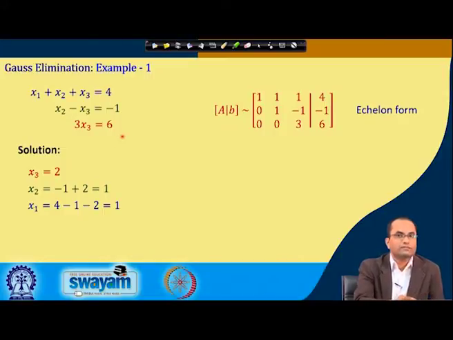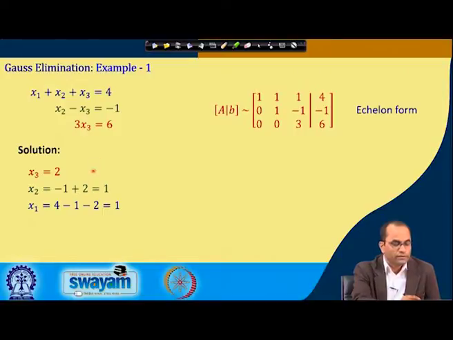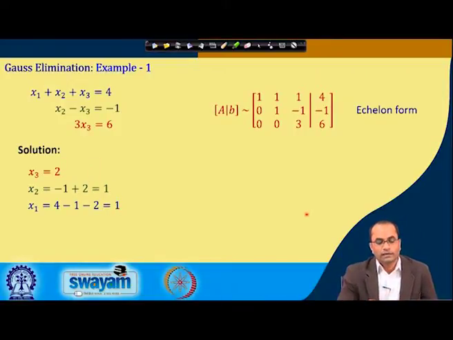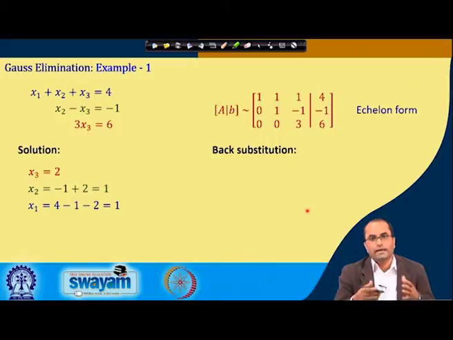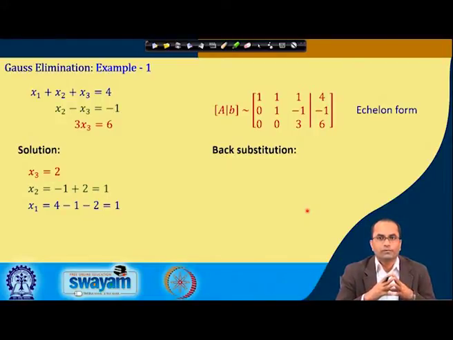Once we have this form, we have to do only little manipulation to get the solution: x 3 is 2, x 2 is 1 and x 1 is 1. What we call in terms of the Gauss elimination, we call this back substitution, that is actually the third step. So, the first step was putting the matrix and the right hand side vector into the augmented matrix.